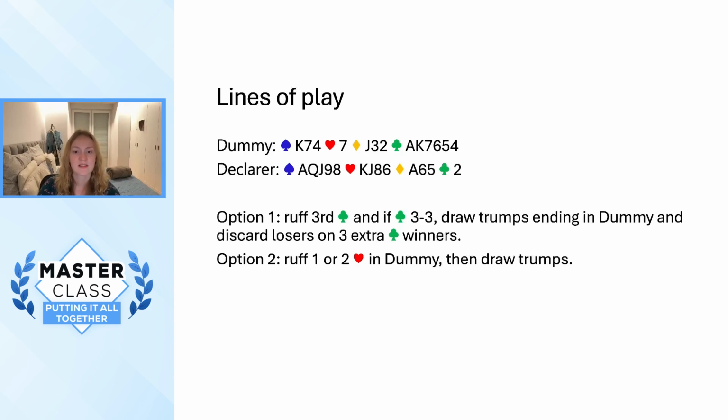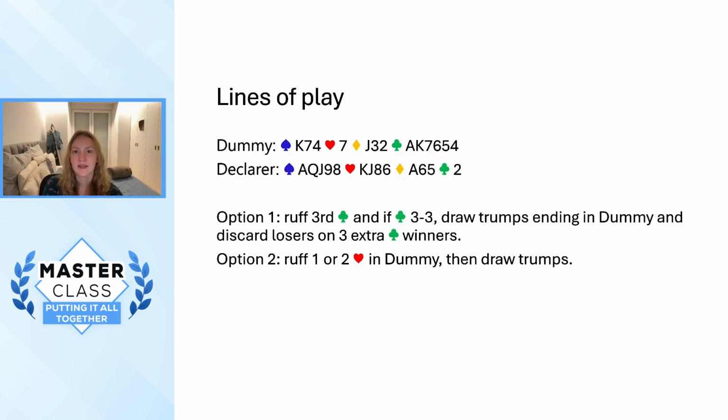So this actually ties in with a few different topics that we discussed in this section, because not only are we considering one where we're discarding losers and one where we're ruffing in the shorthand, but we're also thinking about the timing of drawing trumps. In option 1, we take 1 ruff and then we decide to draw trumps sort of backwards, as it were.